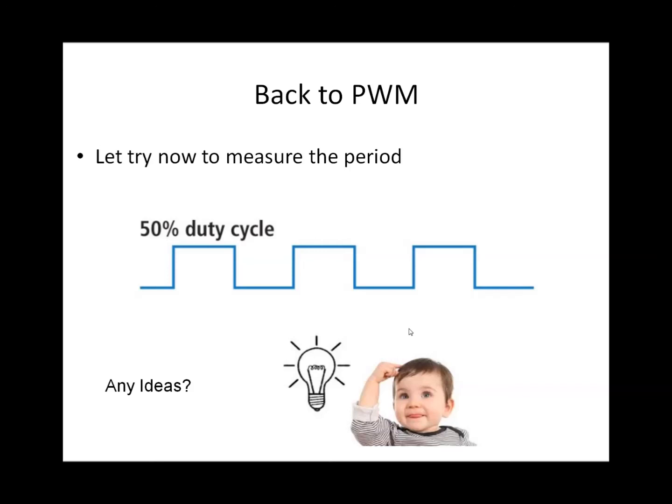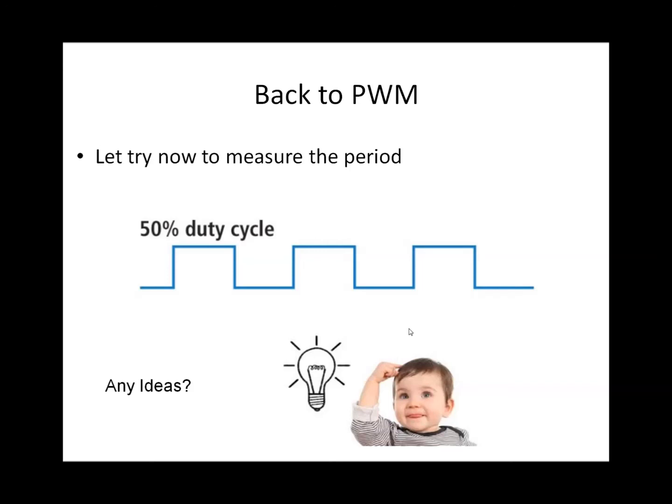Which time? I have multiple now. You said I'm doing this and this and this. Which time? When you stop at the falling edge, you can have the high time.